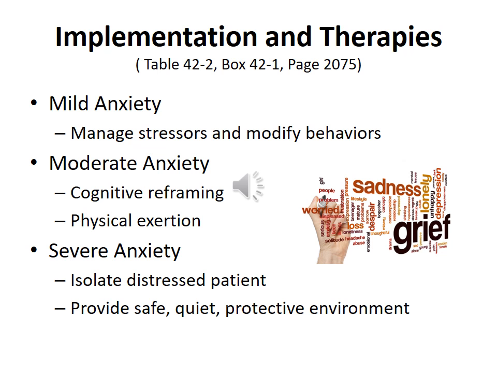So we try to do some cognitive reframing, trying to focus them on this isn't such a bad thing. They may need to get up and walk. They may need to get out and do some physical exertion. They got a lot of catecholamines that are being released into their system. So if they're able to walk around the unit, or if they're at home and they're experiencing this, they may want to go do a run.